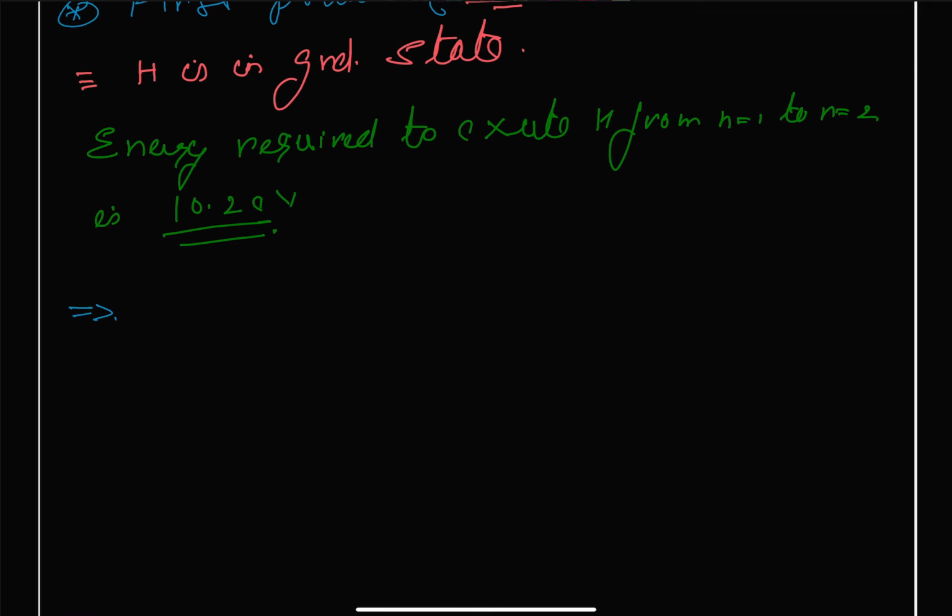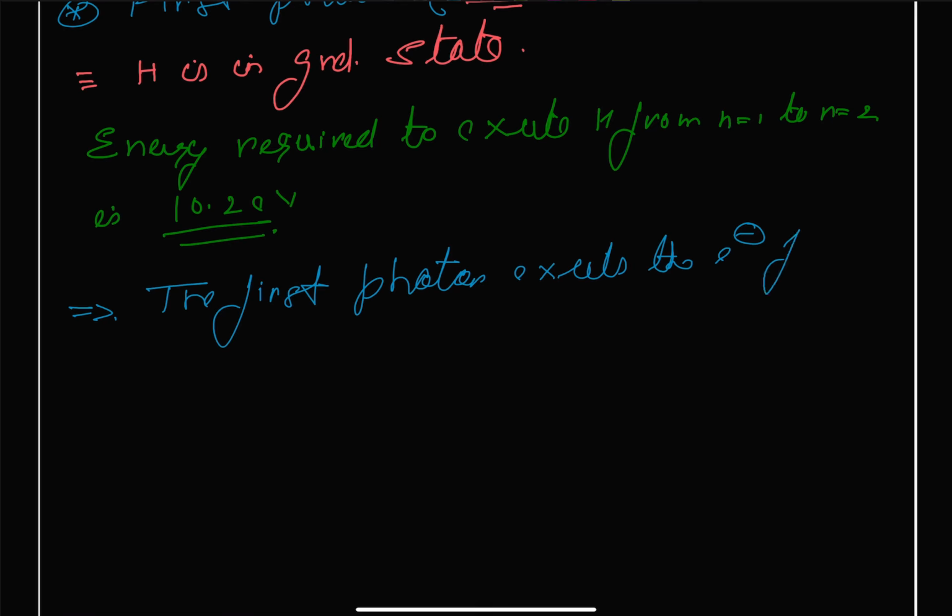Therefore, we can say the first photon excites the electron from N equal to 1 to N equal to 2, and the atom is now in the first excited state.